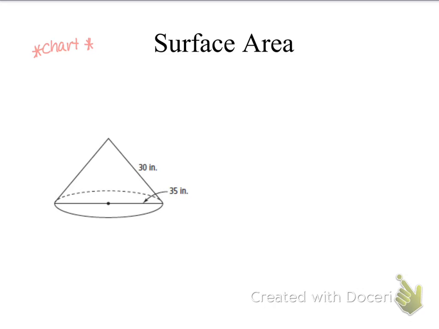This one's going to be back on your chart. Remember, our radius was 17.5 and my slant was 30. Finding surface area, it is pi times the radius times the slant plus pi times the radius squared.